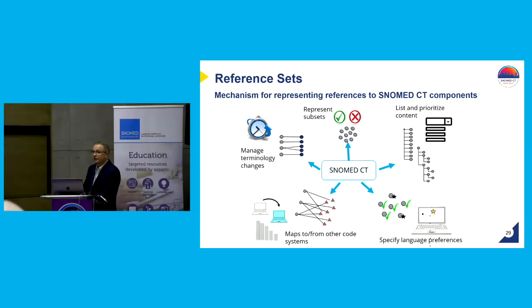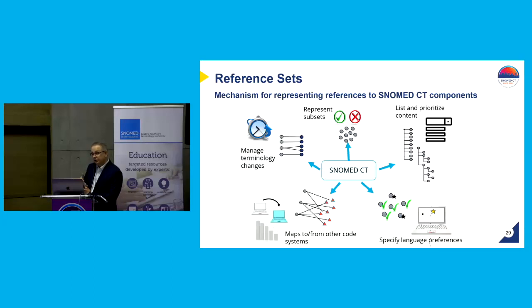So reference sets are a very unique way of taking components of SNOMED CT and doing some amazing things with them. One of the things you might think of is maps. You might want to map to SNOMED, or map SNOMED to some other standard. Reference sets can be used for that.